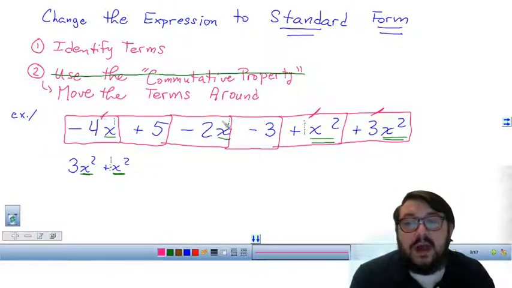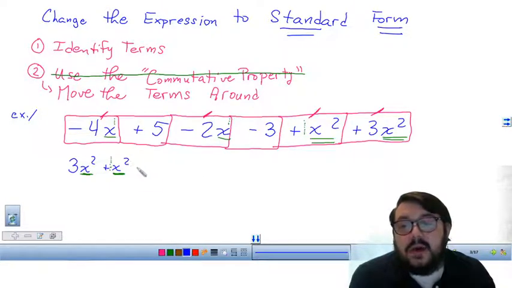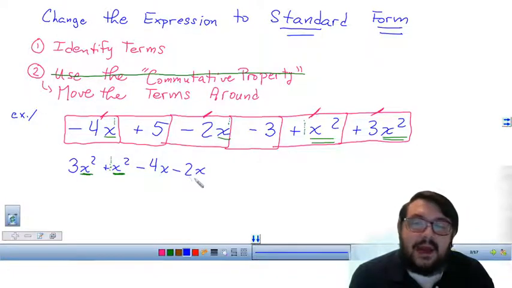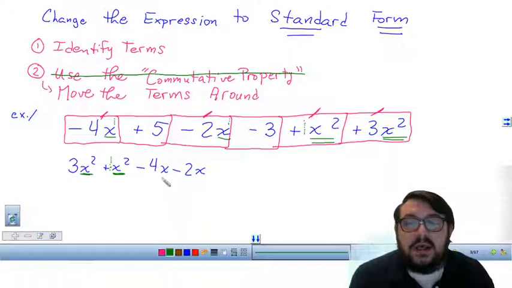That's negative 4x and negative 2x. Okay, so I'll just put negative 4x, negative 2x. And again, I'm not going to bellyache about the order because later we're going to learn some special skills about what to do with those, okay?